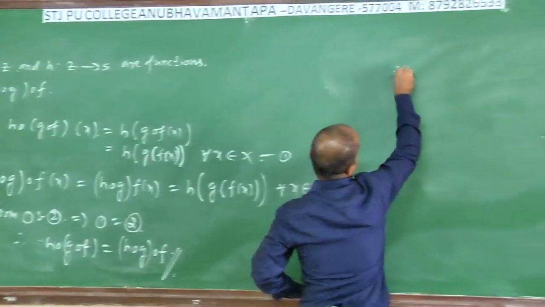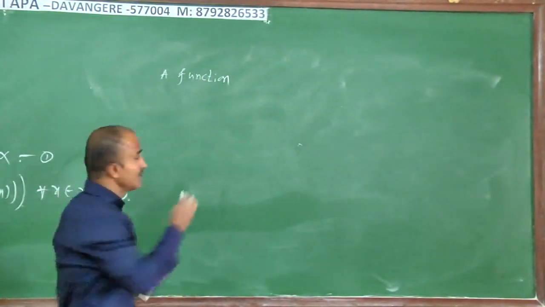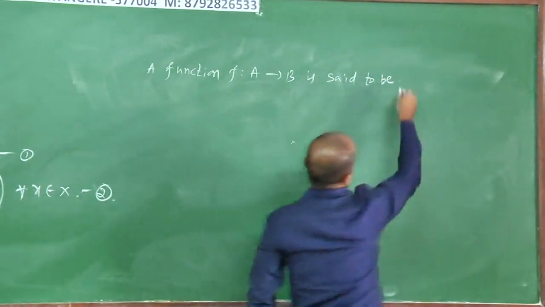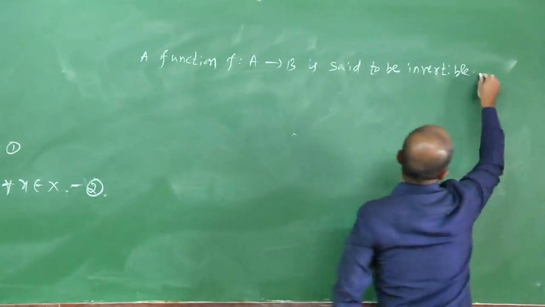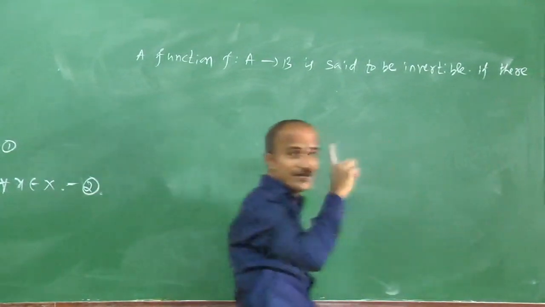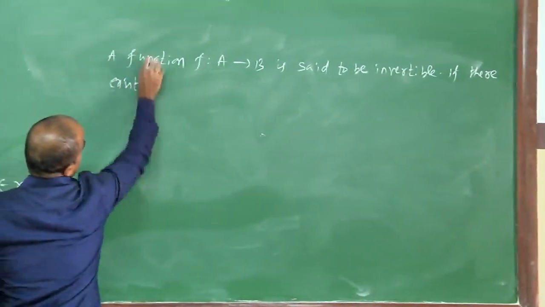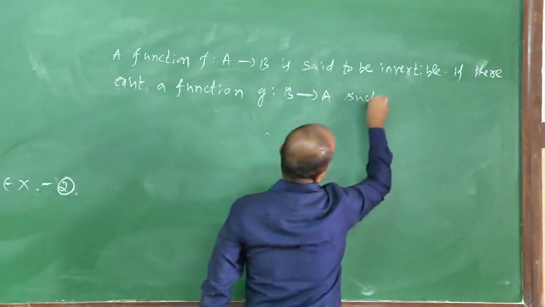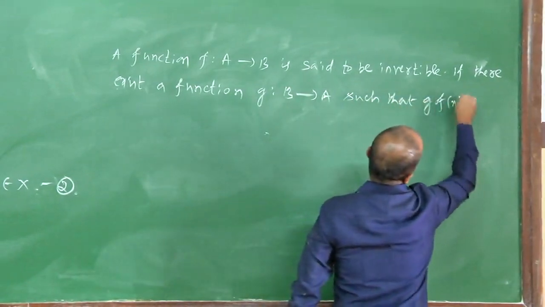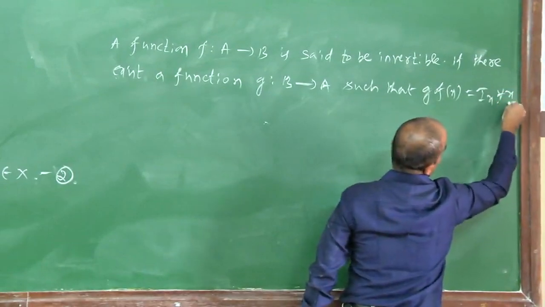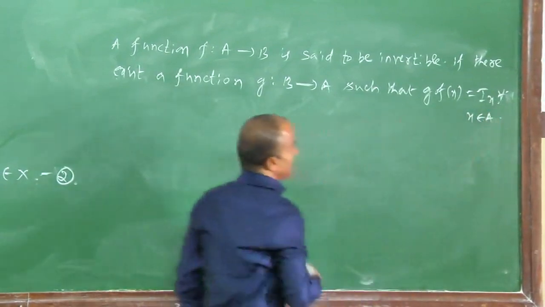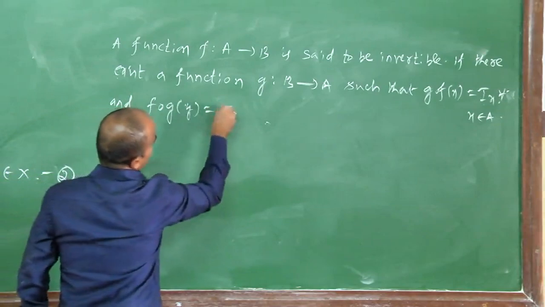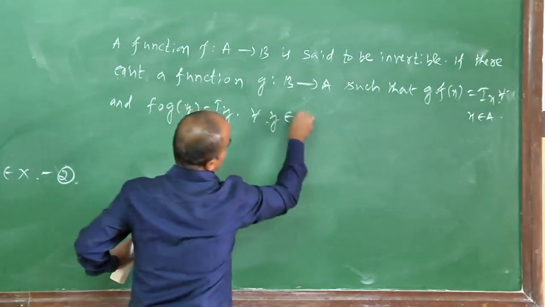Now see, a function f from A to B is said to be invertible if there exists a function g from B to A such that g∘f of x equals I_A of x for all x belongs to A, and f∘g of y equals I_B of y for all y belongs to B.